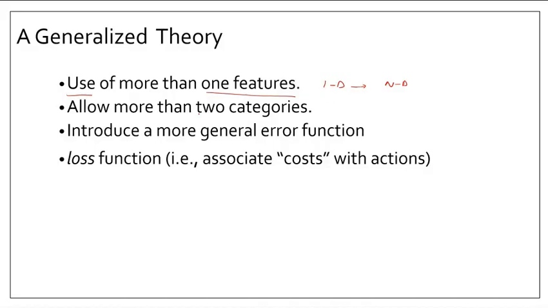We have mostly seen two-category problems, which can be extended to k number of classes. Then we introduce a more general error function or loss function. So that is the generalized theory of what we have seen till now.